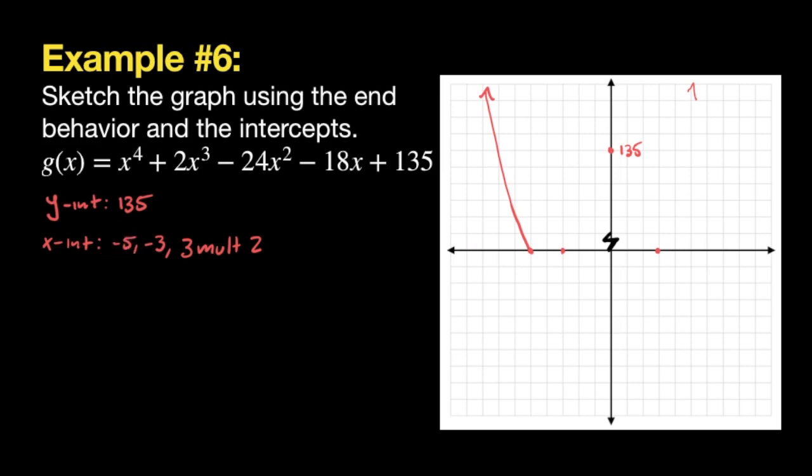This is odd. It's going to cross, it's not going to bounce, and then it's going to cross again at -3. Now we're going to go to our y-intercept, and then at 3 it's going to bounce, it's going to go back up, and we're going to end with both ends of the graph going up. We're able to do this sketch without having to create a table and plug points.